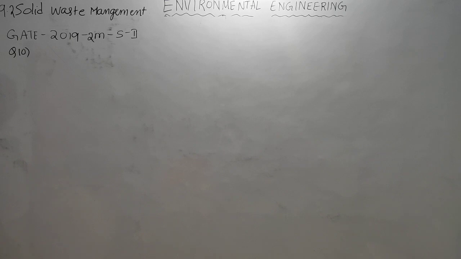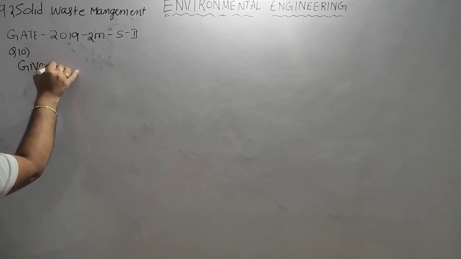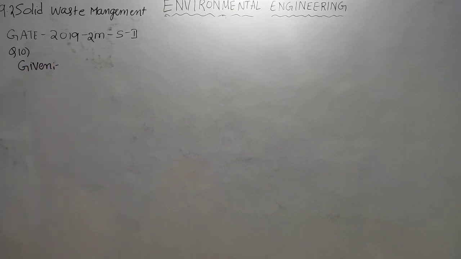So here it's a very simple question, but little thinking is needed. Okay, lengthy question. So what is the given data first? Raw municipal solid waste collected from a city contains 70%.